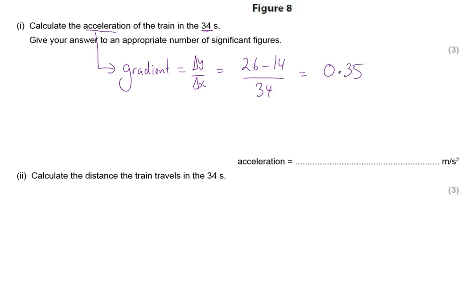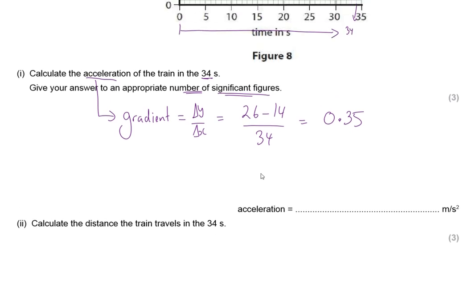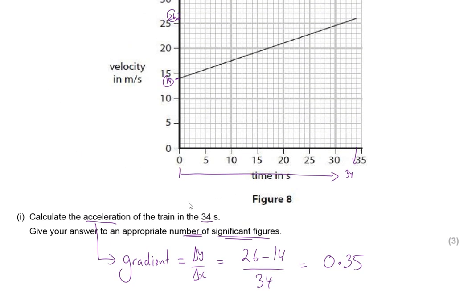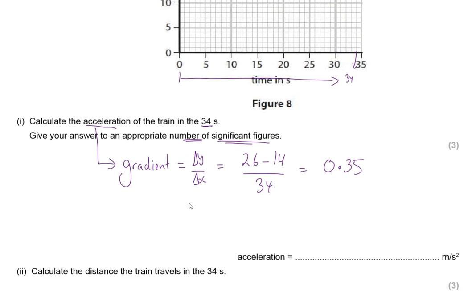Okay. Now, you talk about significant figures there. Normally you will learn this in maths. But what does this mean? It means that instead of writing all the decimal points, we're going to write it to an appropriate number of significant figures. Normally we're going to write it to two significant figures because we have one figure here and then we have one figure here. So this is two figures.